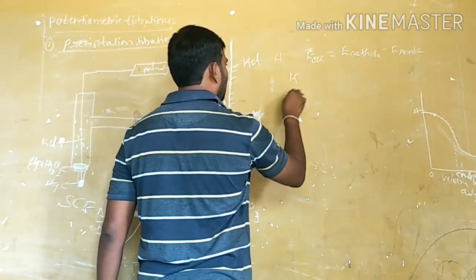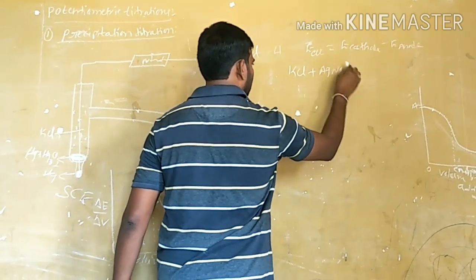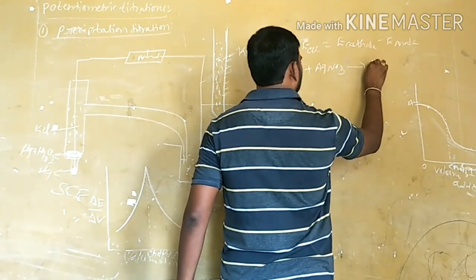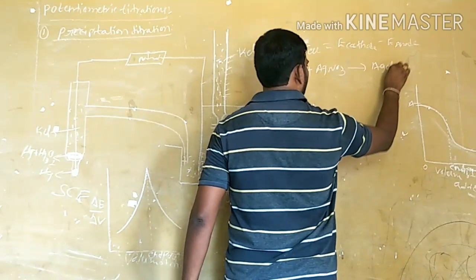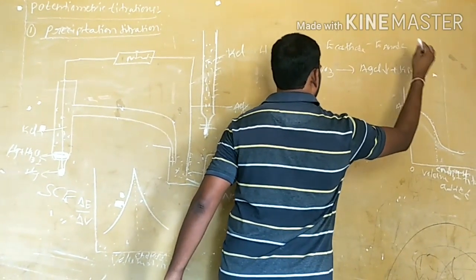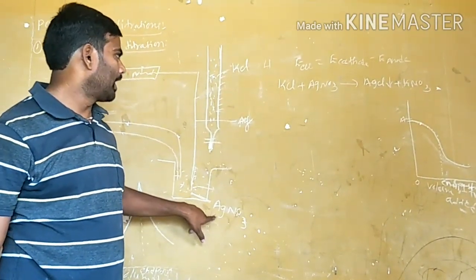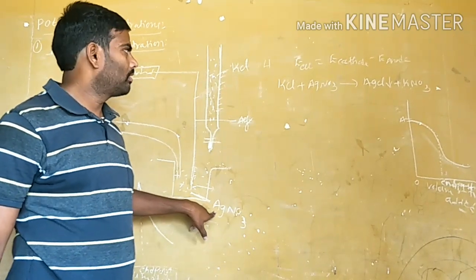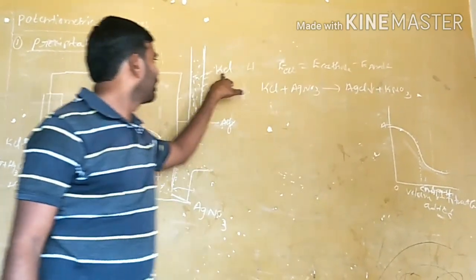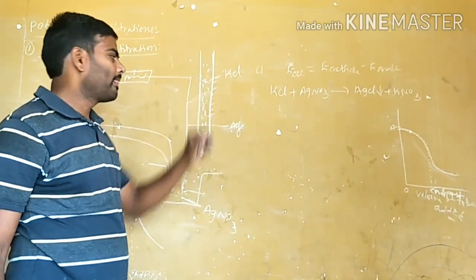Whenever we are adding this KCl to the silver nitrate solution, AgCl is precipitated and KNO3 is produced. The Ag plus ions are removed as AgCl precipitate by titrating with the KCl solution.